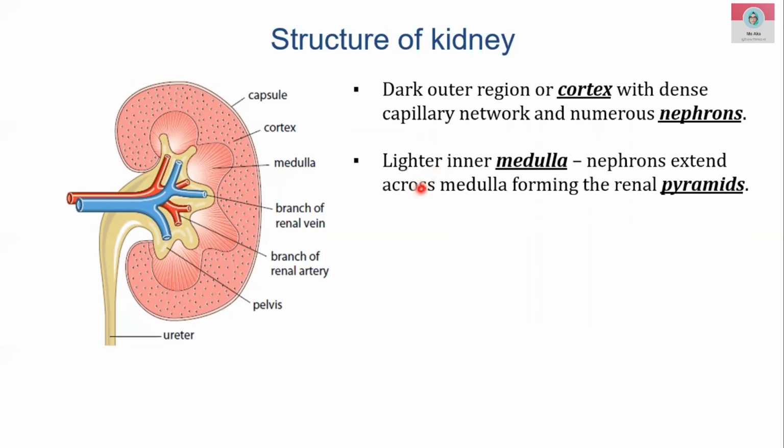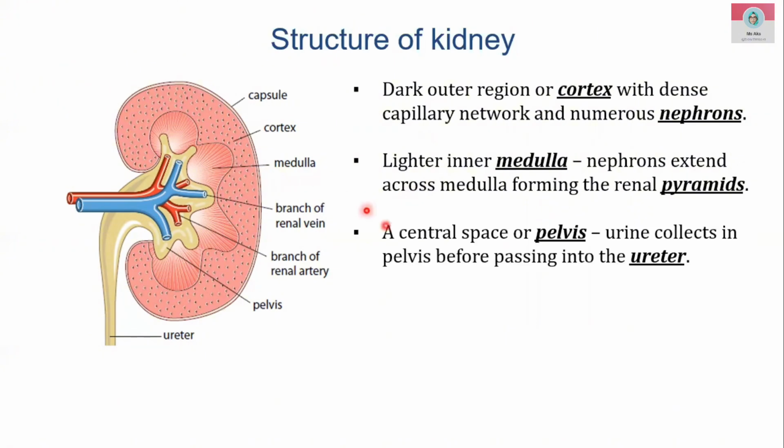These nephrons are the functional units of our kidney. After that, you have the central part of the kidney, known as the pelvis. The pelvis is where urine will be collected before it gets passed on along the ureter.